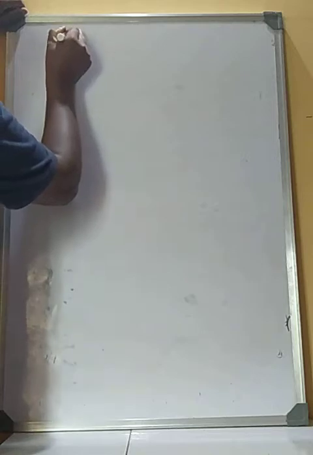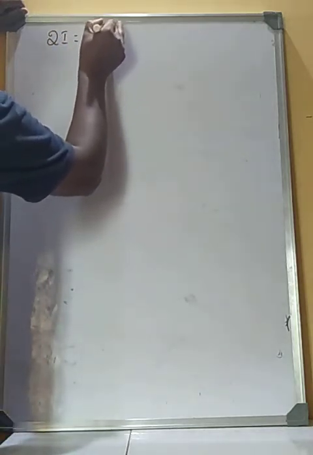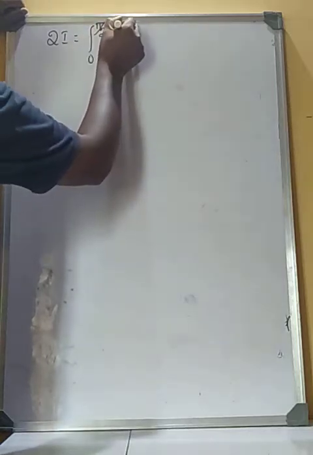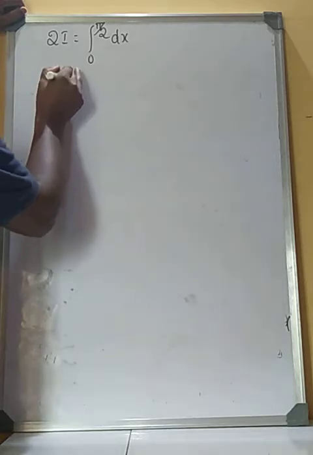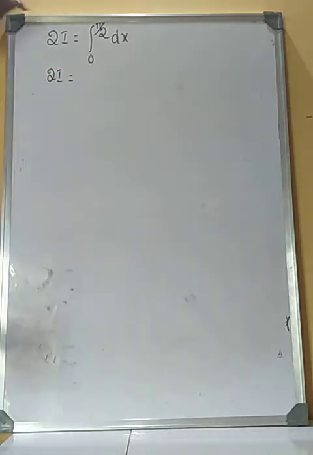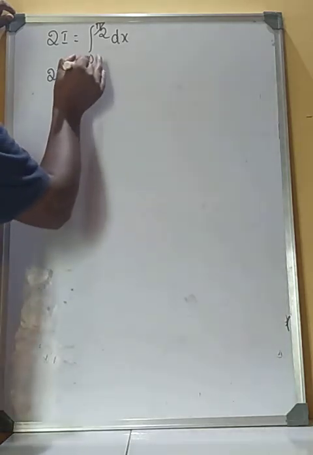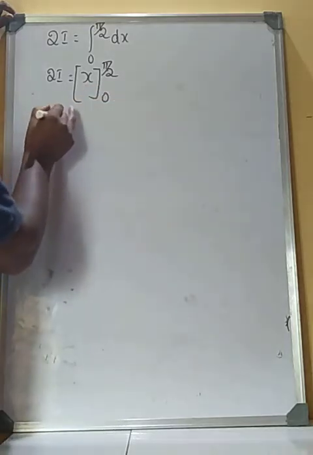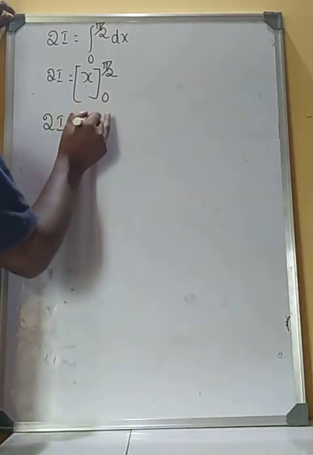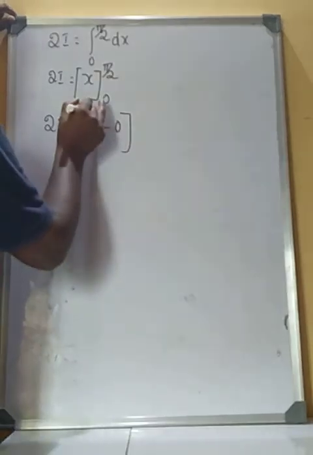So therefore 2I equals integral 0 to pi by 2, 1 into dx. Therefore 2I is equal to integral of dx is x, upper limit is pi by 2, lower limit is 0. Therefore 2I is equal to pi by 2 minus 0.